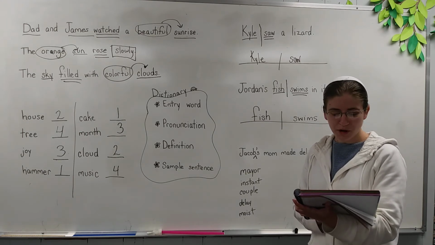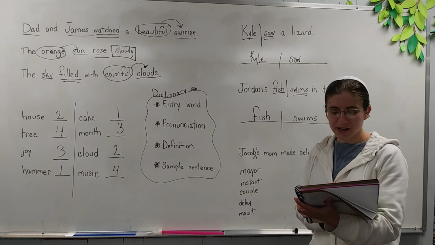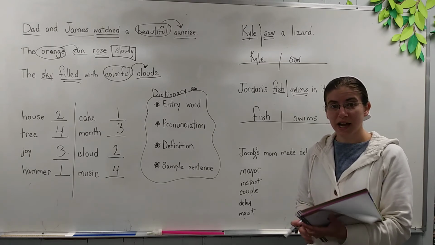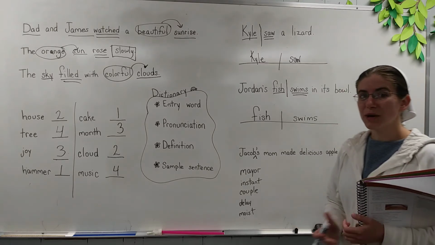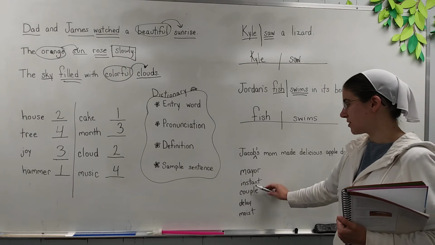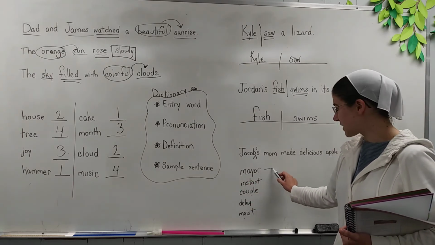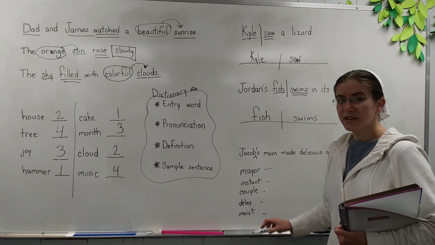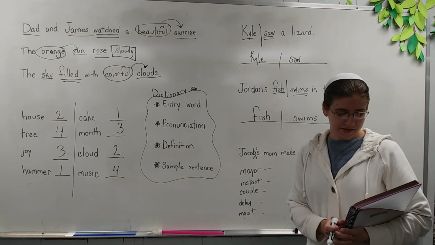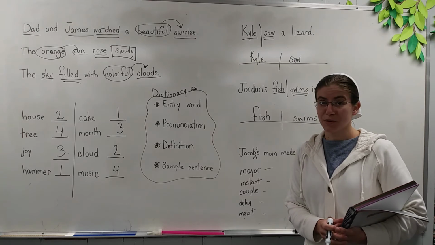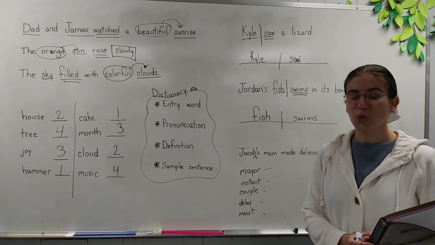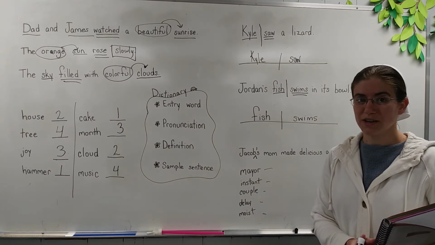Okay, the third paw print, write the three entries that are nouns. So look up at the top, you're going to see your 5 entries, and beside them, the next word says what it is, if it's a noun or a verb or an adjective. So which 3 are nouns?